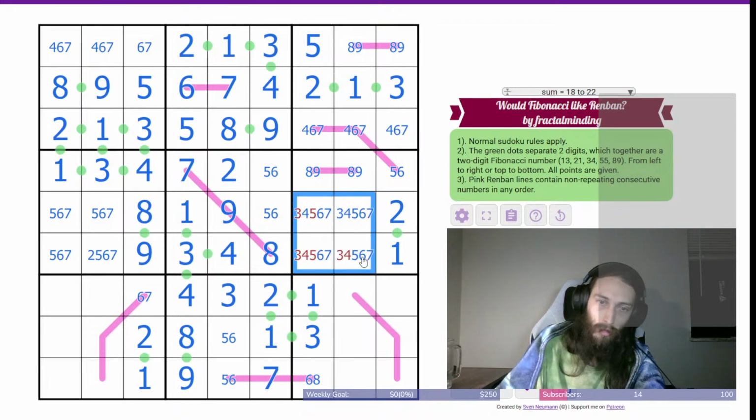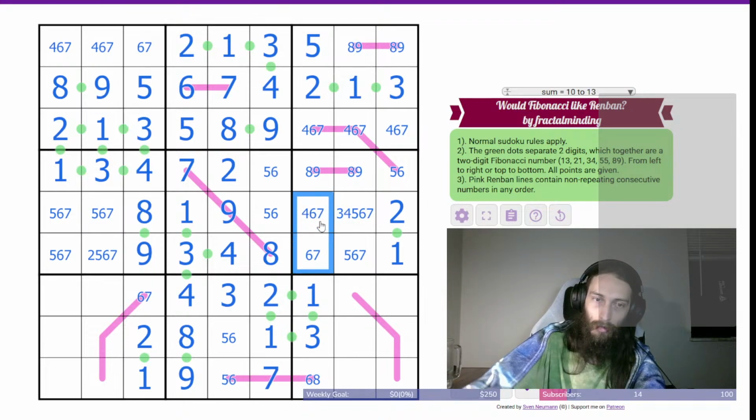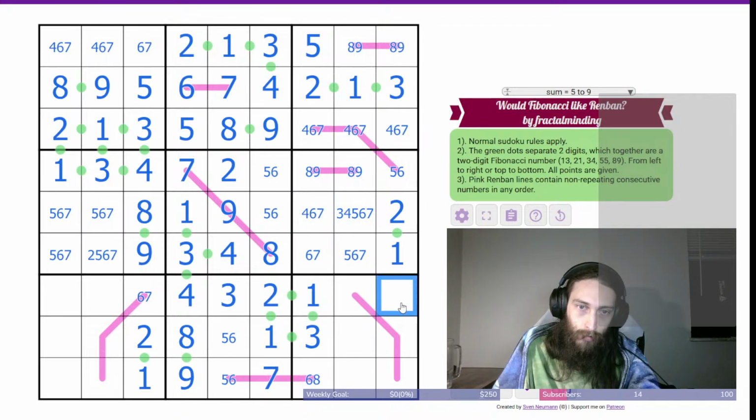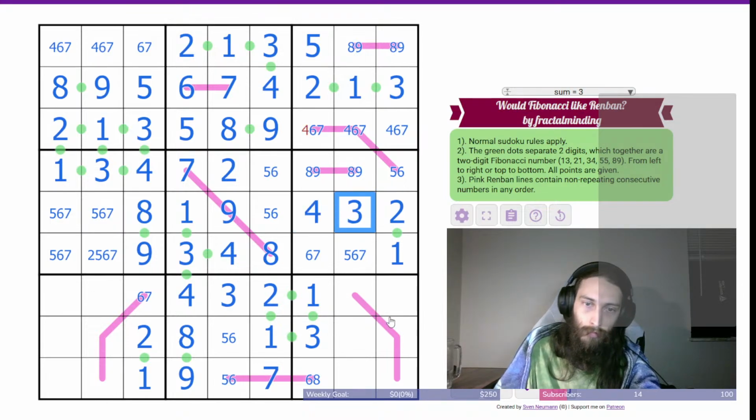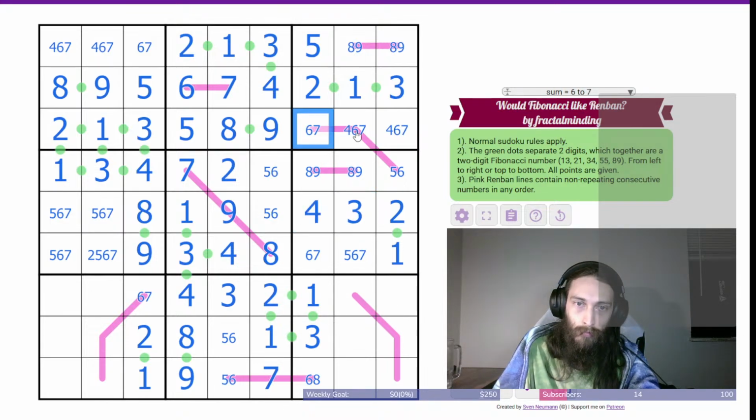1, 2, 8, 9. 3, 4. 3. 2, 5. 5, 6, 5, 7, 6, triple 7 in row 6. Row 6 has a 5, 6, 7 triple.